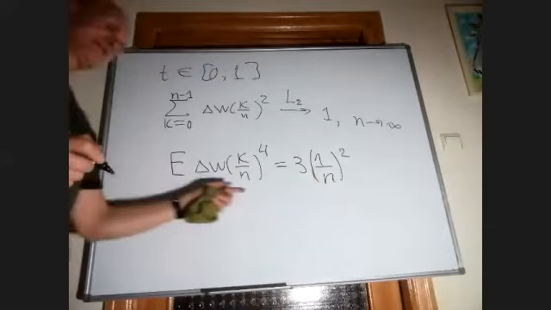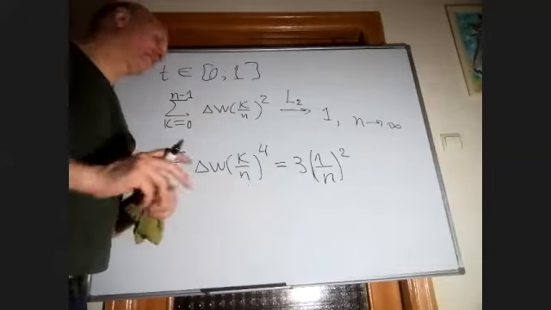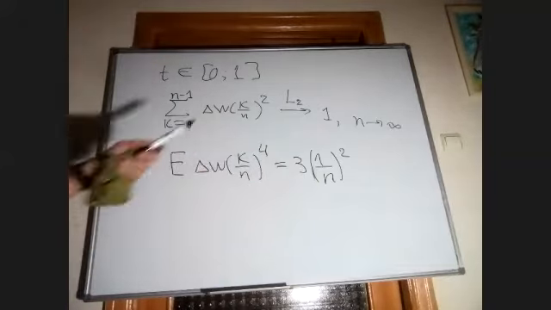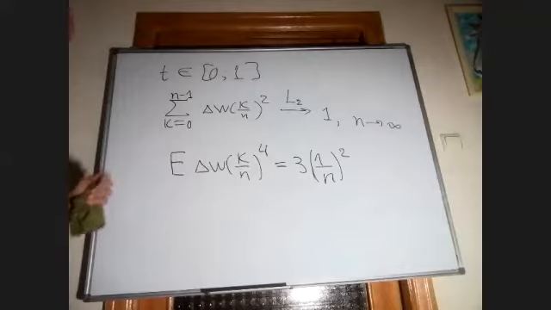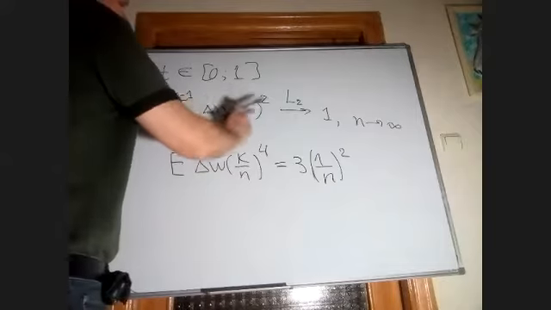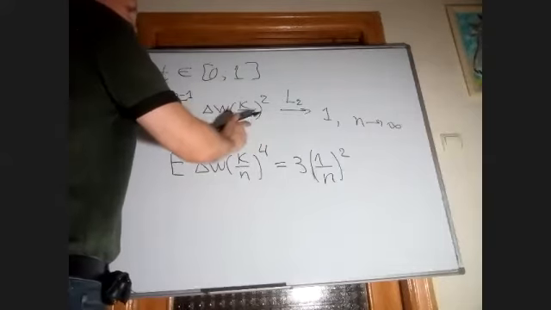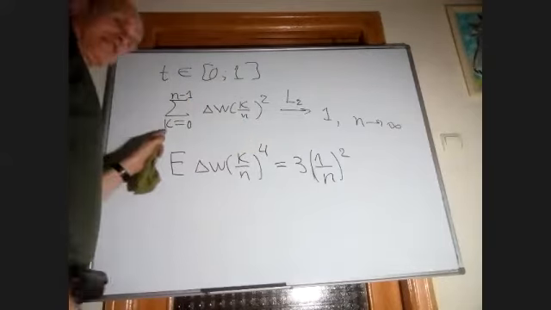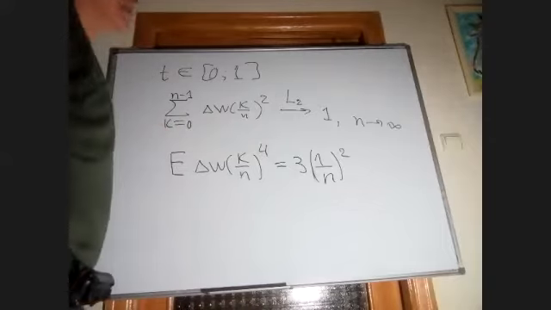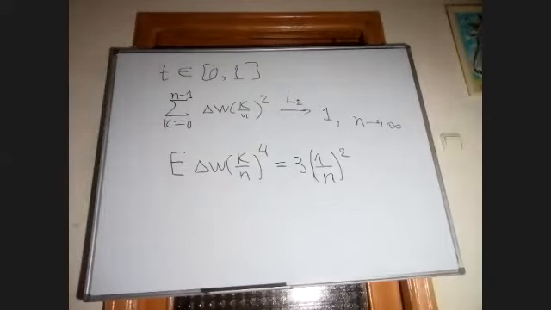Because it is a centered Gaussian random variable, and its fourth moment is calculated very easily from the characteristic function. Then, using this and using independence of these increments for different k, it is easy to get this relationship.